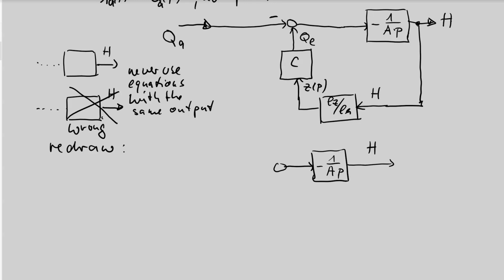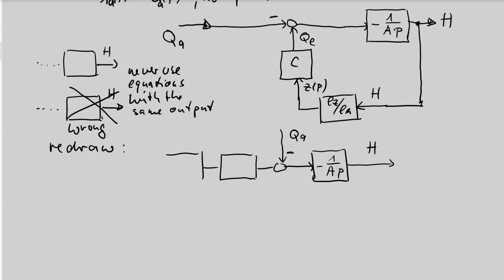Then I draw this not from left to right, but from top to down. This is QA with negative sign, and then I shift this block and this block in that way to this position. Just a position change, not a change of the signal block diagram.